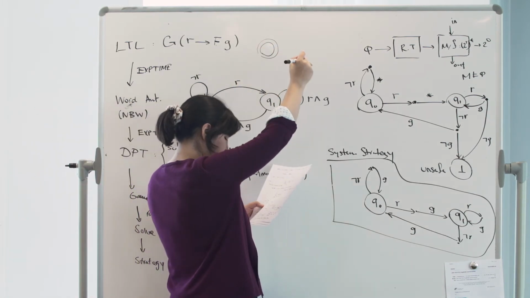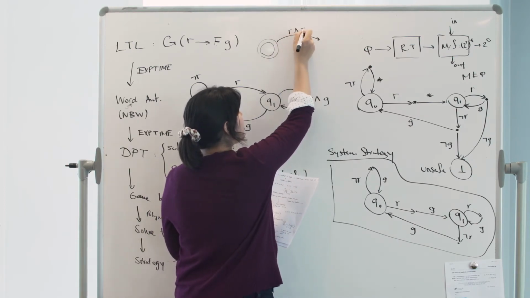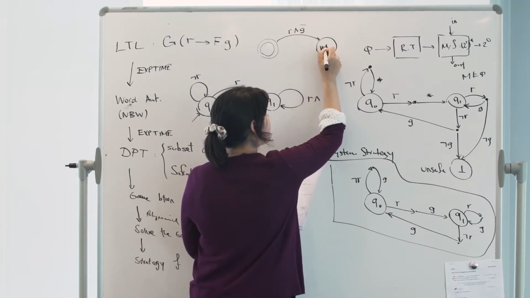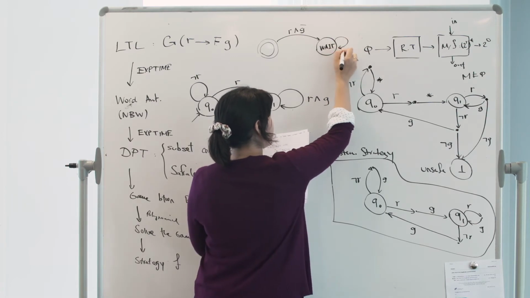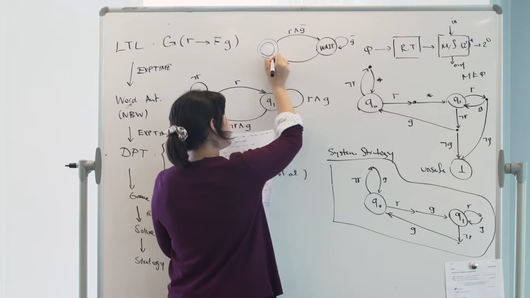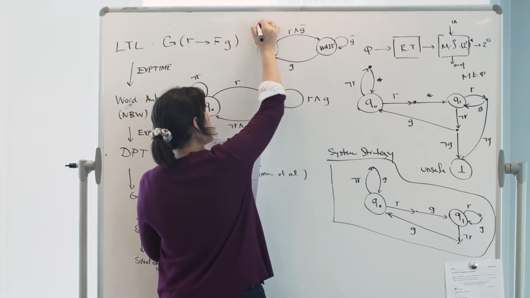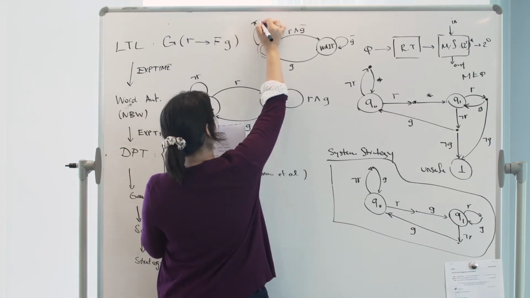It's an accepting state. If I get a request and I'm not granting anything, I go to this waiting state. And I'm waiting there, and I'm not granting anything as I'm waiting there. And whenever I grant, I come back to this particular state. And this is kind of the happy state where I don't get a request or I'm granting.